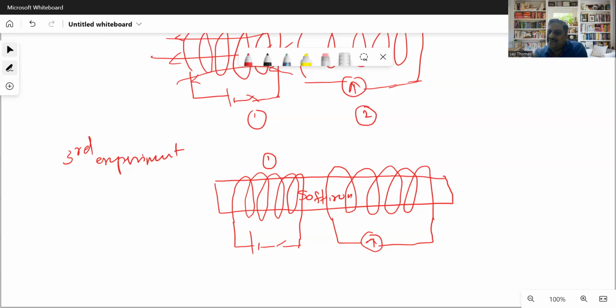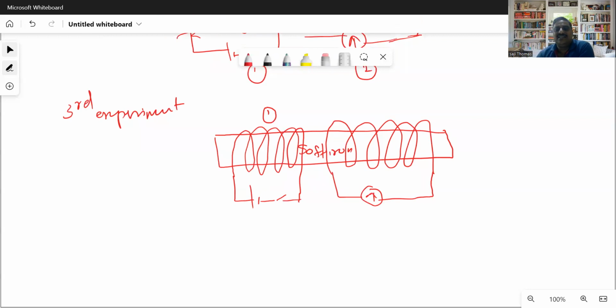Third case, without relative motion, a change in magnetic flux is produced. So for production of induced EMF or current, the magnetic flux linked with the coil must change. Then only induced current is developed. And this phenomenon is known as electromagnetic induction.